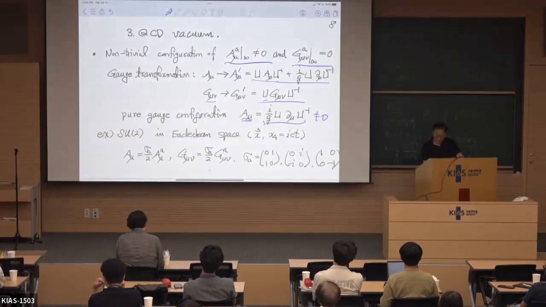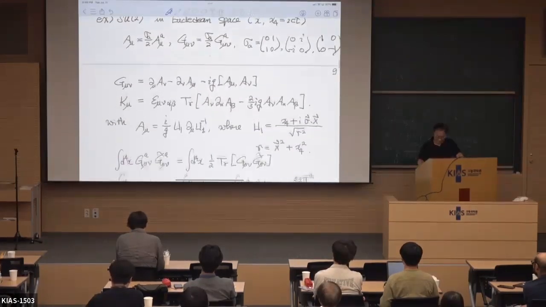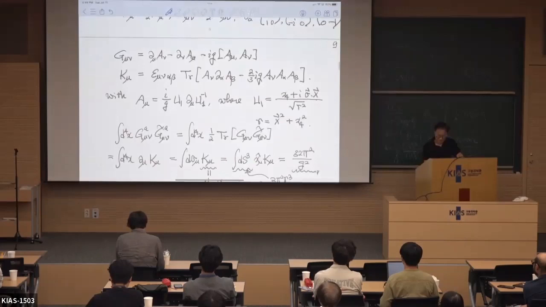In SU(2) notation, we have the Pauli matrices sigma^a and three gauge fields. We know what the Pauli matrices are. Then the field strengths you calculate like this, and K_mu has this expression.